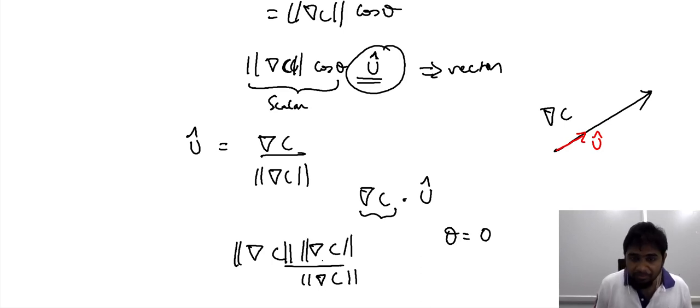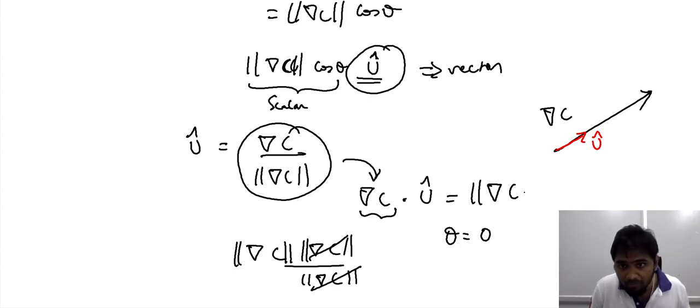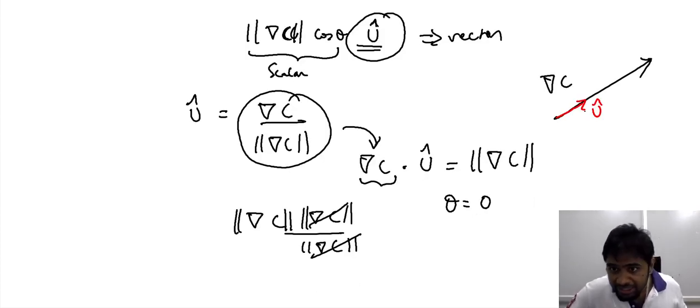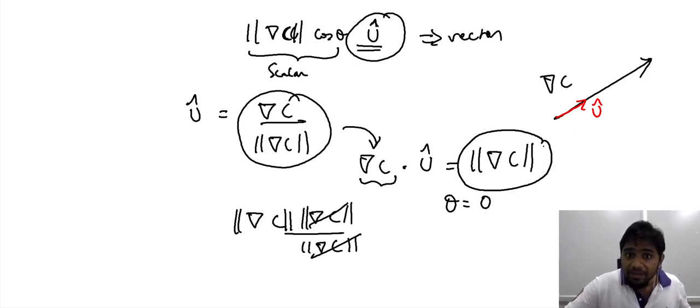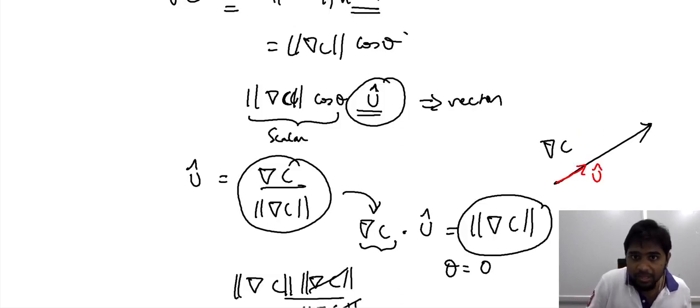The square will appear because we are multiplying this with this, and we are considering the dot product. So we will have two norms in the numerator and one norm in the denominator, and these two get cancelled out. So ultimately this dot product will yield me the norm of the gradient C. So when u cap, the unit vector, is pointing along the direction of the gradient vector, I get this value. If it is not pointing along the gradient vector, then I get this value.